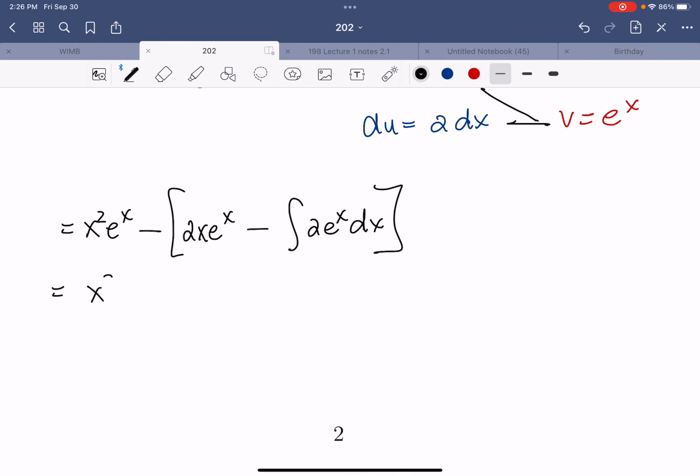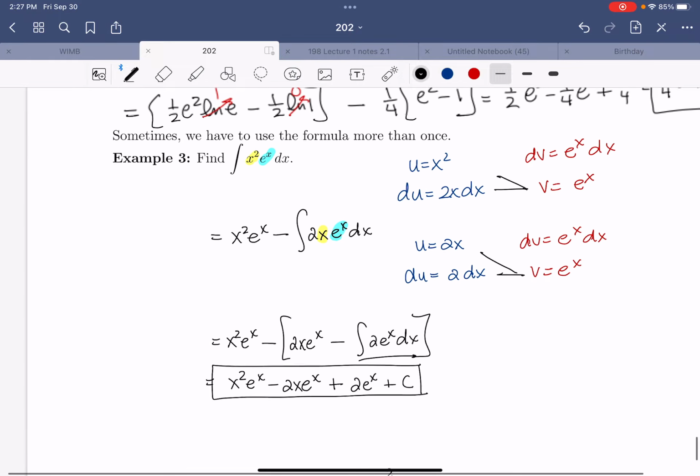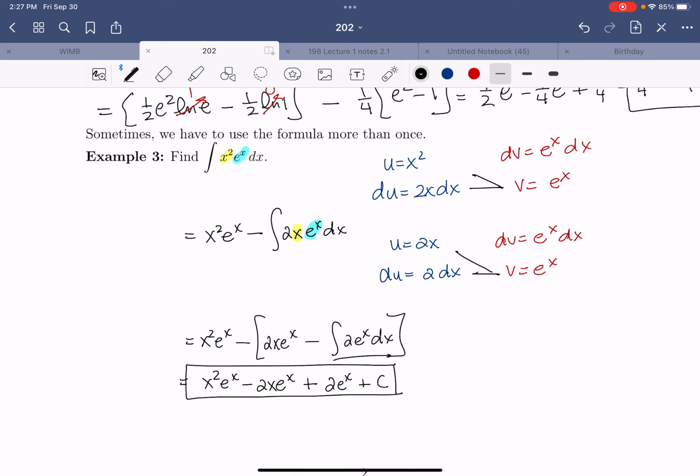So I've got x squared e to the x, distribute the negative, so minus 2x e to the x, plus the antiderivative of 2e to the x. Antiderivative of e to the x is e to the x, so this is just 2e to the x. Add on my plus c because it's an indefinite integral. Okay, so in this case, we used integration by parts twice. If I had an x cubed, I'd need integration by parts 3 times.